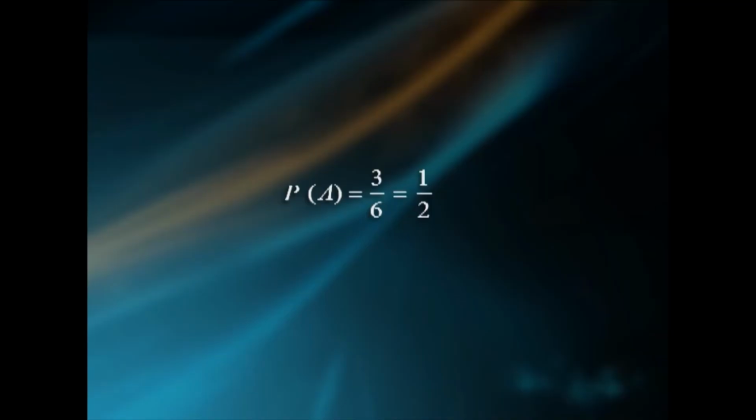Here, out of the 6 possible mutually exclusive, exhaustive and equally likely outcomes of the experiment, 3, that is 2, 3 and 5, are favorable to the event A. Hence, by the definition, P of A equal to 3 divided by 6, that is equal to 1 divided by 2.